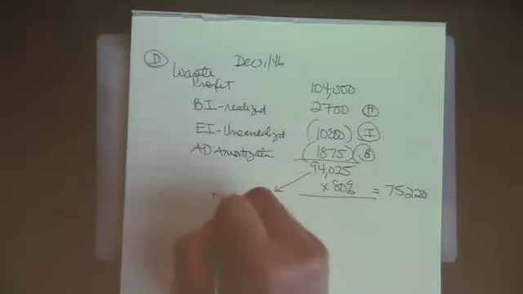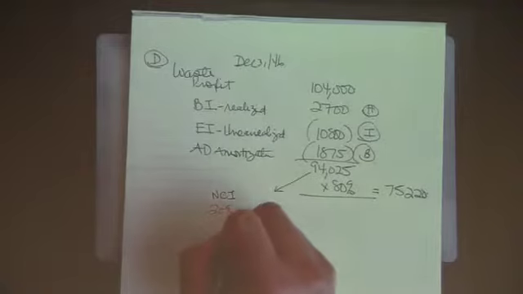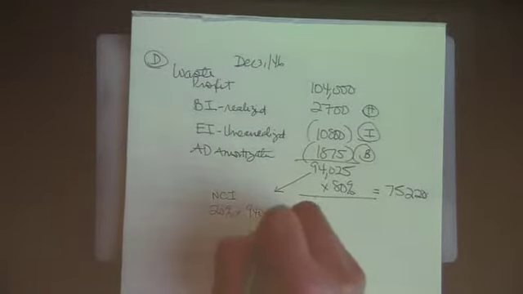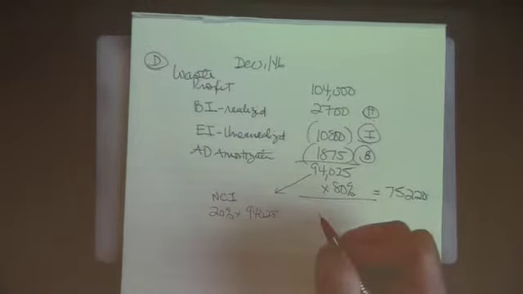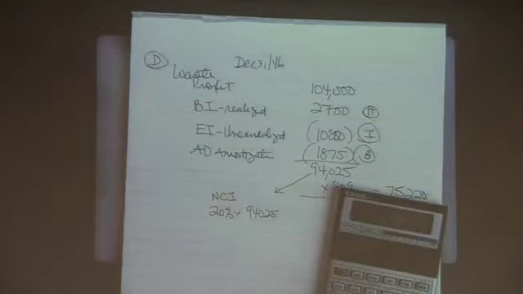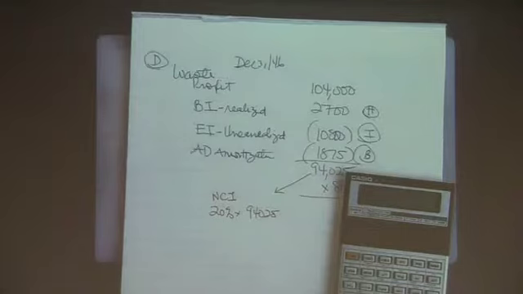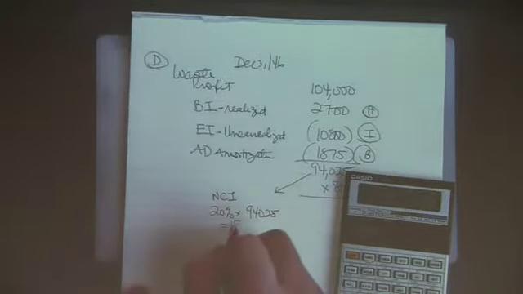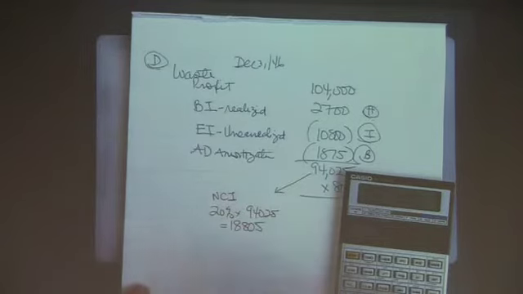So NCI then is 20% of 94,025, and that is their proportionate share of that income. So I'm going to try to calculate that for you. I've got 94,025 times 0.2, which is 18,805. Okay.